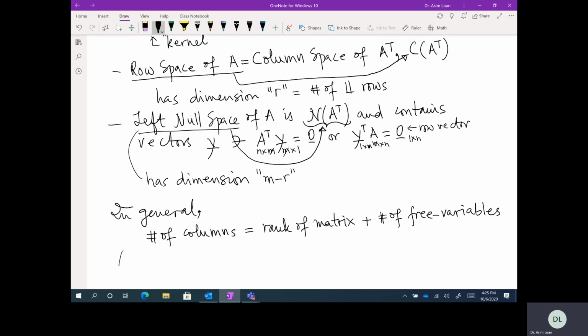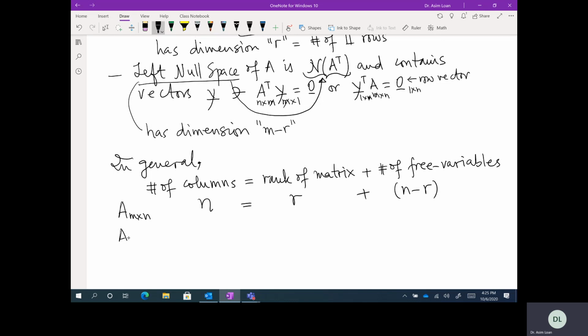If A is m by n, then n equals r plus n minus r. And when we have A transpose, we have m columns, the rank is still r, and the number of free variables has to be m minus r.